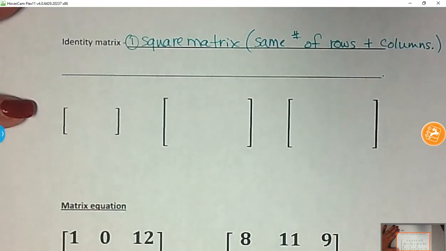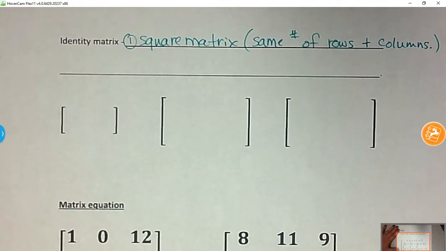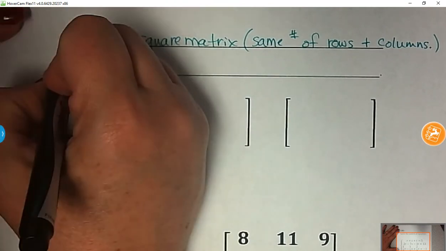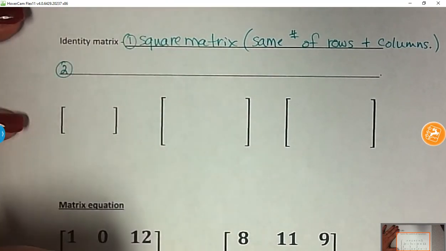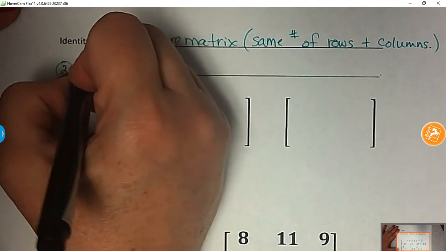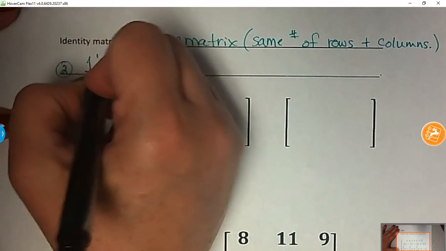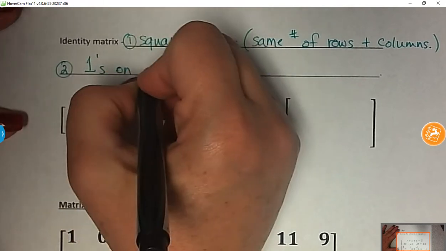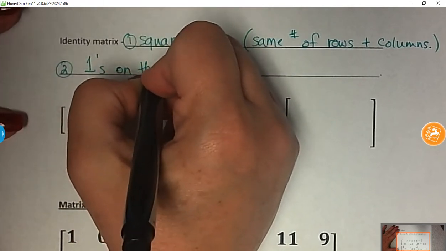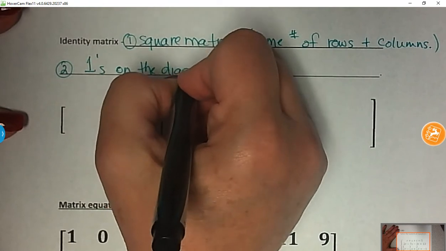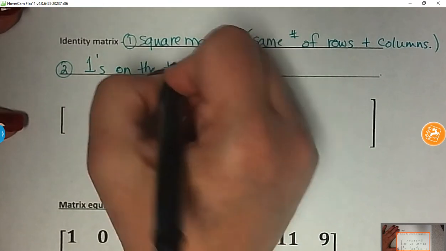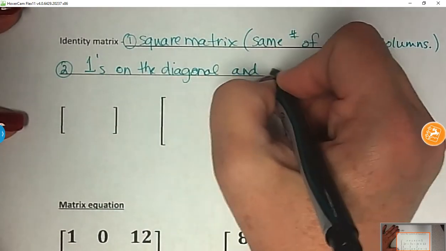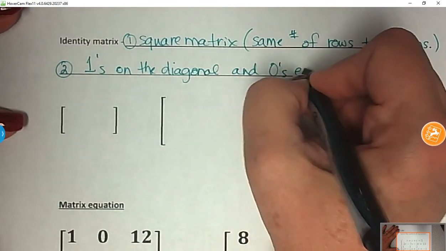Okay, so it could be a 2 by 2 or a 3 by 3. As long as your rows and columns are the same, that is a square matrix. So what an identity matrix looks like after it's square. Second thing we know about it is that it has the number 1 or 1s on the diagonal, and 0s everywhere else.